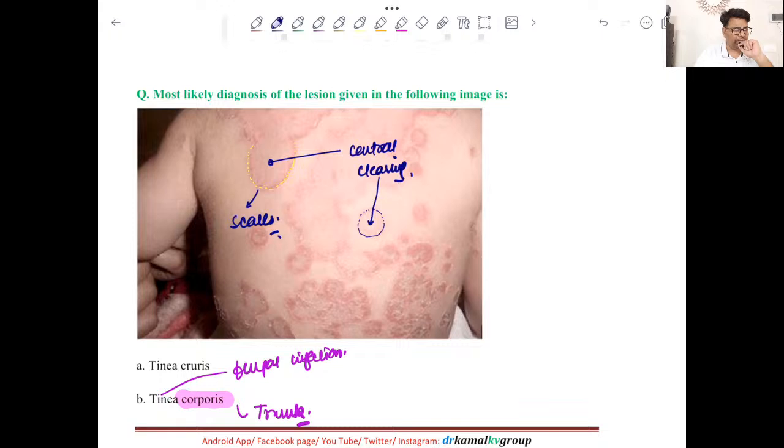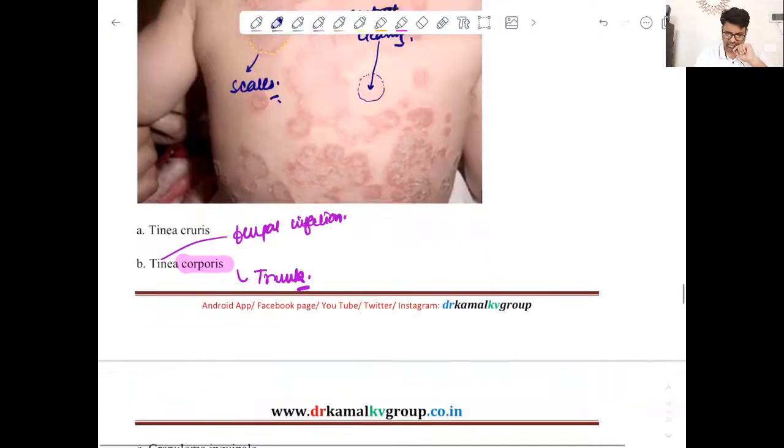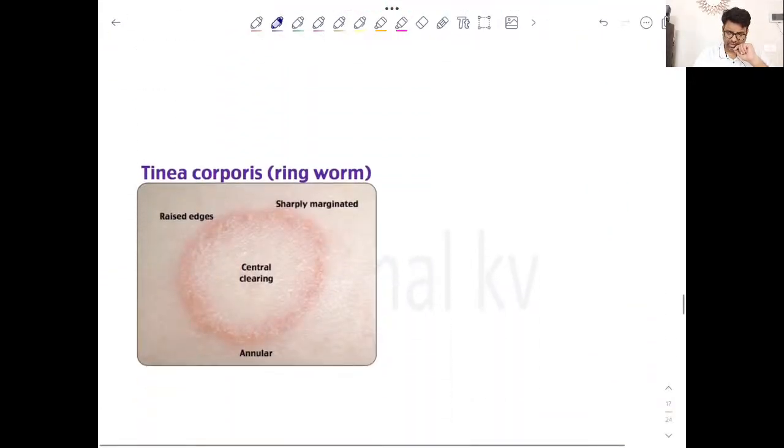Yes, so Shanvas, KK, Sangmitra, this is tinea corporis, and this is a classical presentation of tinea cruris. You can see the central clearing. In the center there will be no disease as such. It will just appear like the normal skin, and then it's a circular lesion kind of thing, and therefore we use the word annular.